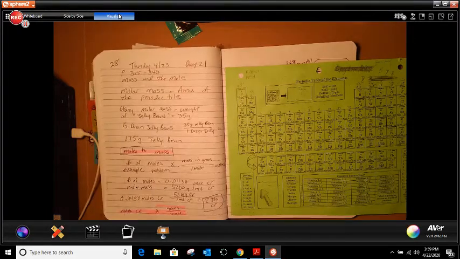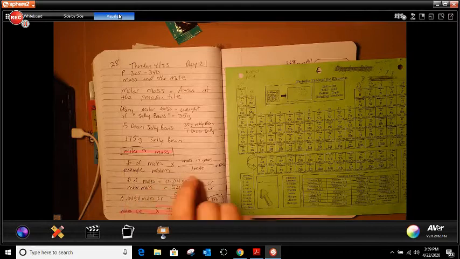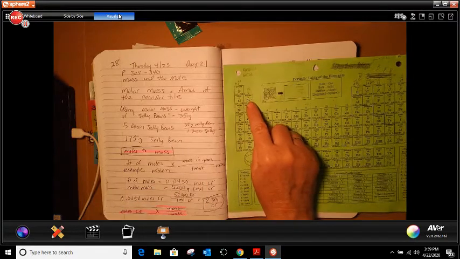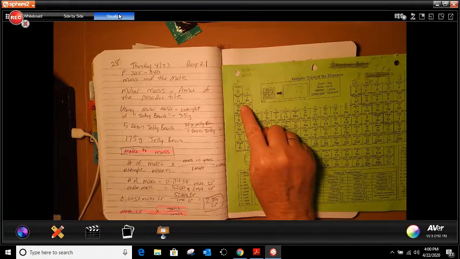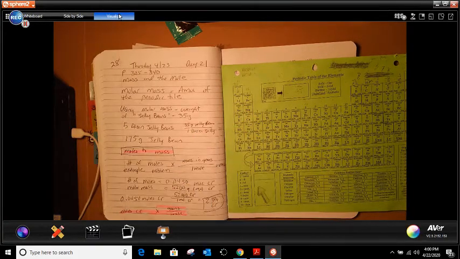But when we're talking about a mole of a substance, like a mole of beryllium, we're going to talk about the AMU, which is 9.01. You're going to need to know that to be able to do it. In the textbook, it talks about jelly beans.